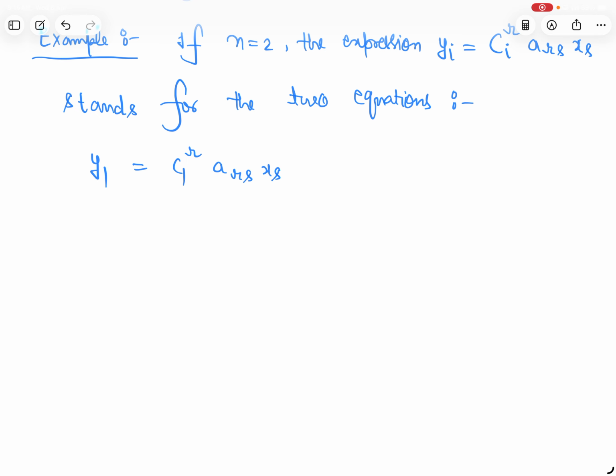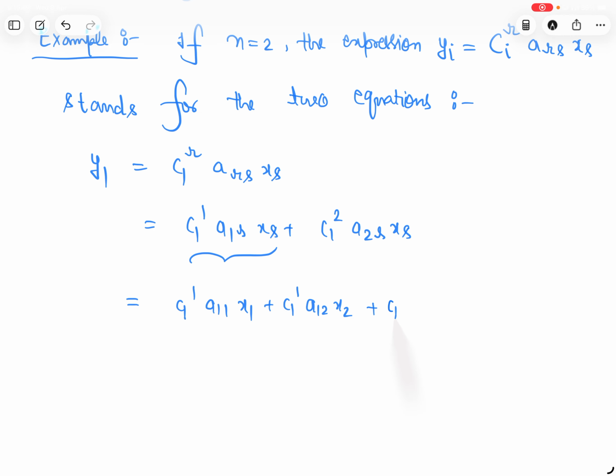I will expand over r first: C11 A1s xs plus C12 A2s xs. Now I will expand this over s: C11 A11 x1, C11 A12 x2, C12 A21 x1, C12 A22 x2. So this is the answer. It means y1 value is this.